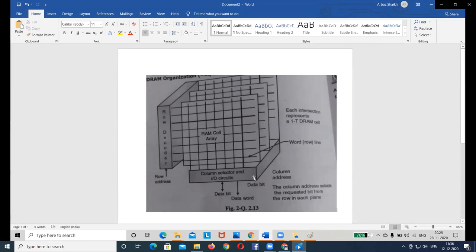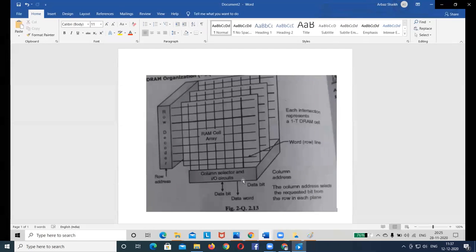One memory row holds a block of data, so the column address selects the requested bit or word from the block. So these are the diagram of the memory or RAM organization.